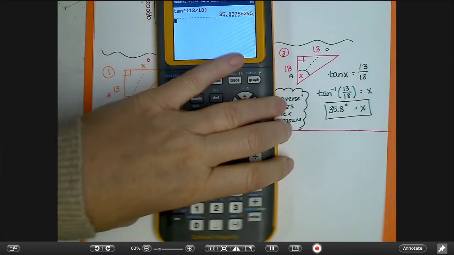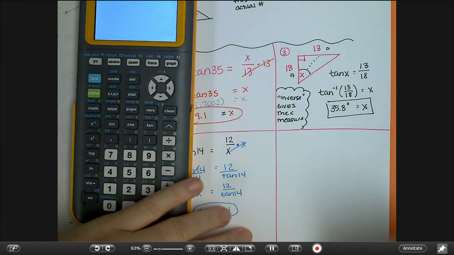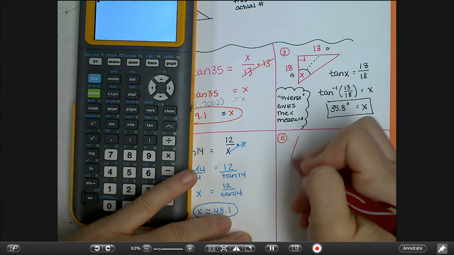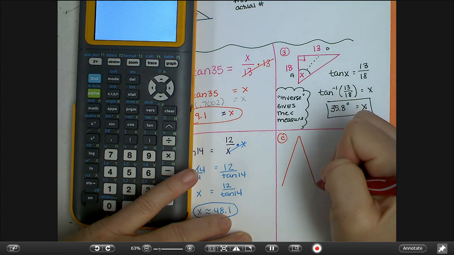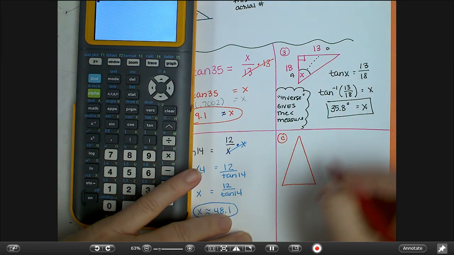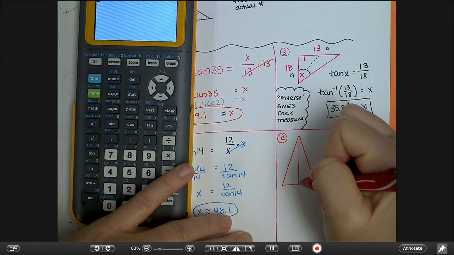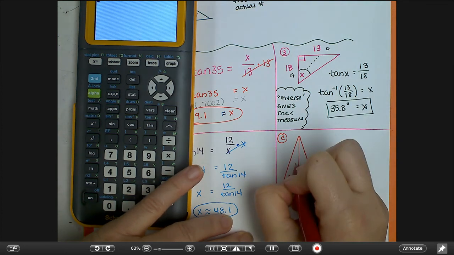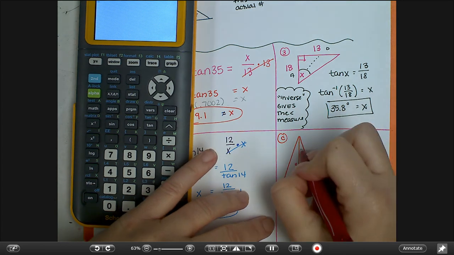All right, one more multi-step problem. I probably should have had these drawn before I started the video, but whatever.